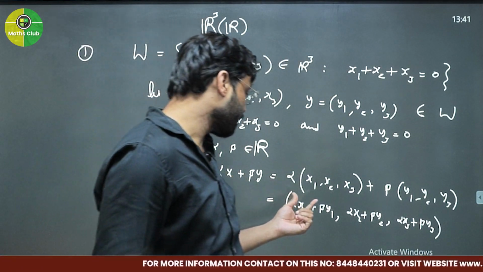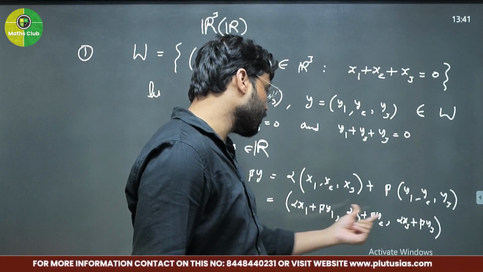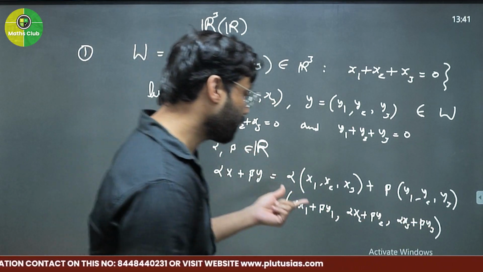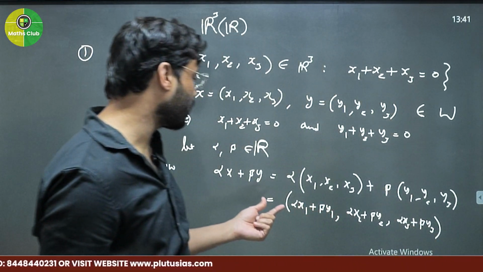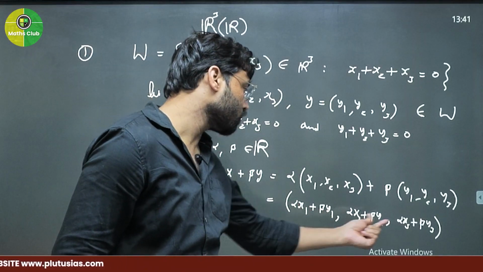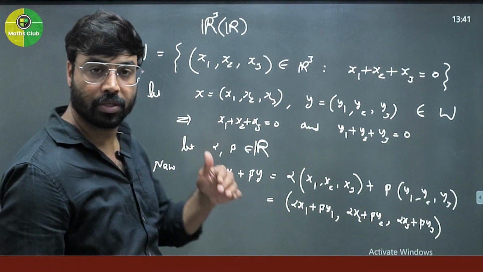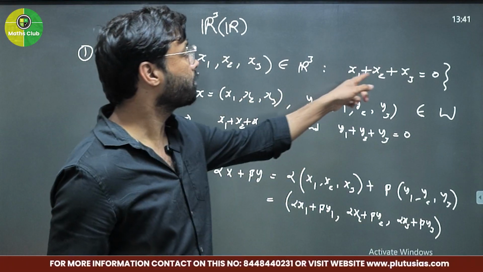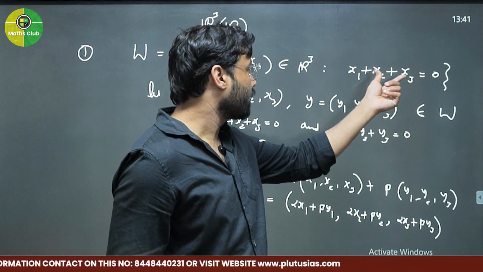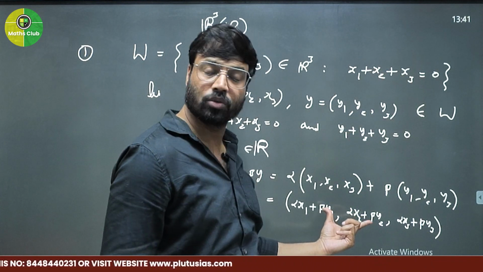Obviously this is an element of R^3, and if we call it (P, Q, R) and calculate P plus Q plus R, if we get 0, that means this belongs to W.